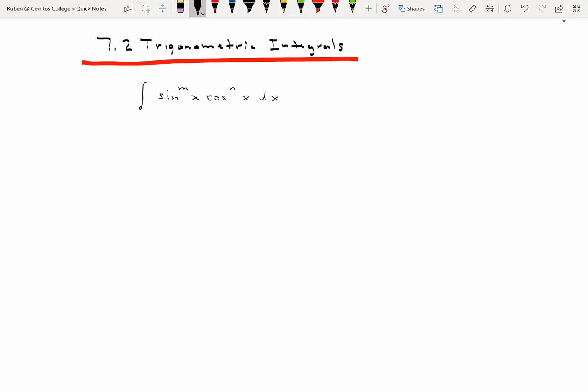For example, if m is 0 and n is 1, you're integrating cosine, and the integral of cosine is sine. If m and n were both 1, you have sine times cosine. You could make a u substitution from Calc 1. Real easy integral there.